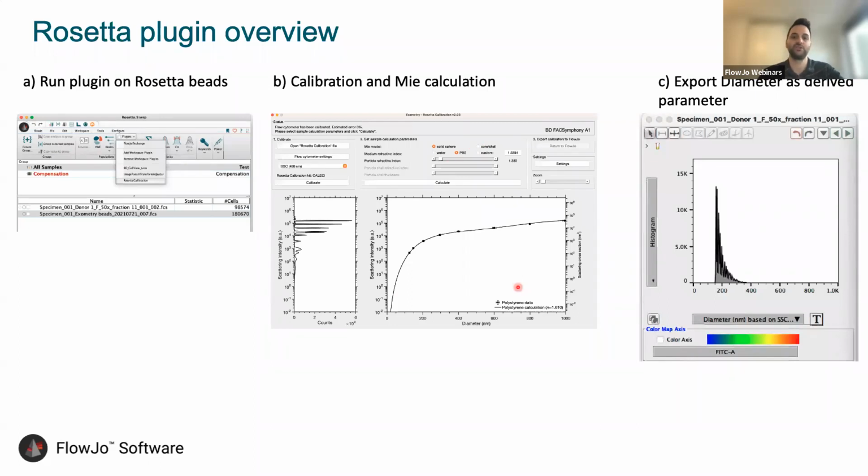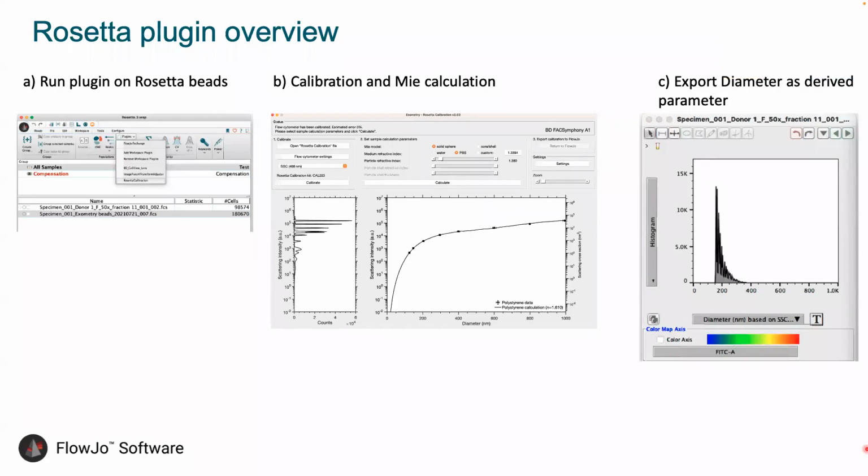And then you can use this for getting different sizes of EVs and understanding more the phenotypes of different EV sizes. So that's the overview of the plugin. What it does is connect FlowJo with the Exometry Rosetta calibration software. Okay, so that's it with the background here.